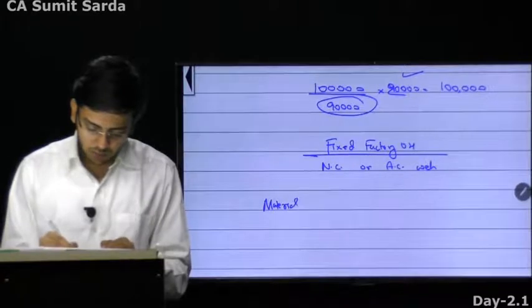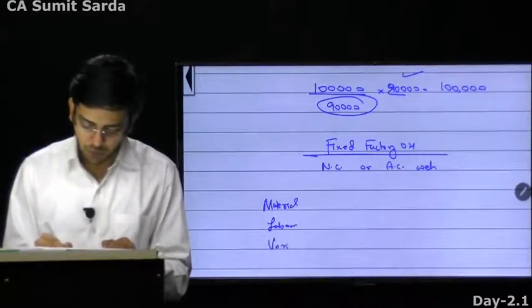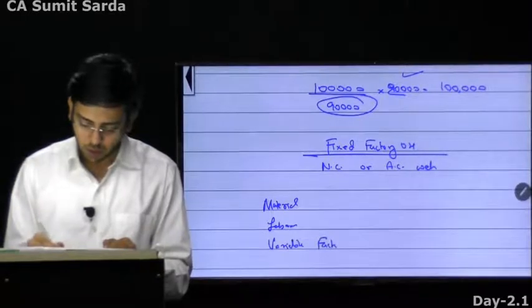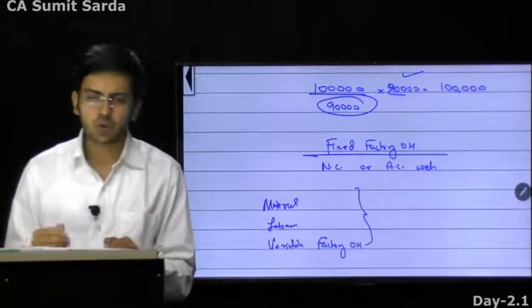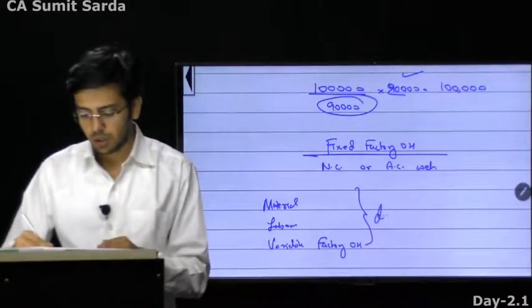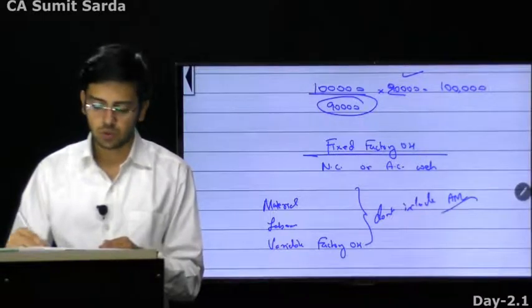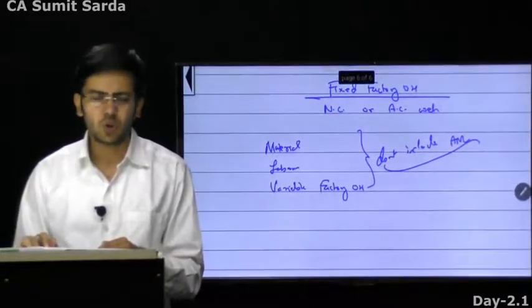Regarding material, regarding labor, regarding variable factory overheads, whatever cost that we have incurred is generally what is included, but don't include abnormal loss. So what can be the abnormal loss in this case?